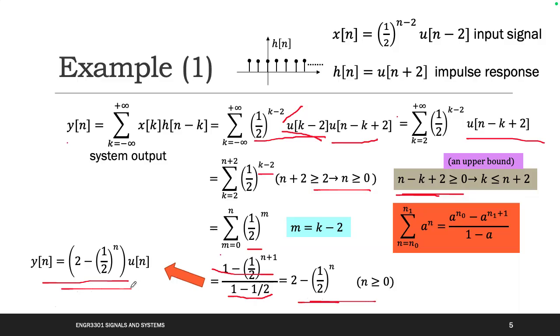Do you know why we add u[n] here? What is u[n]? Yeah, 1. When n is greater than or equal to 0, it will be 1. Otherwise, it will be 0. You can see here, we have this condition. So for this equation, we don't have that condition, because u[n] is just the same as that condition. That makes sense to you? Any questions so far?